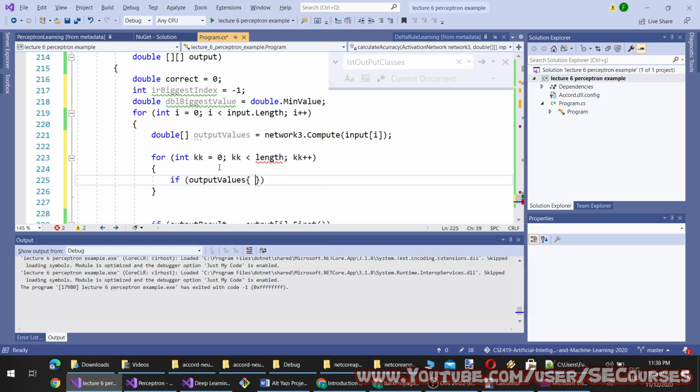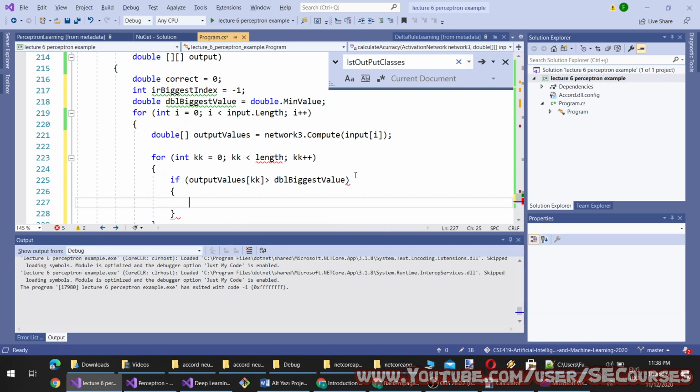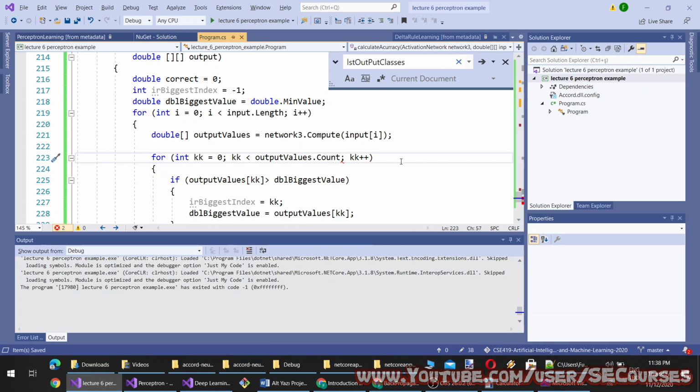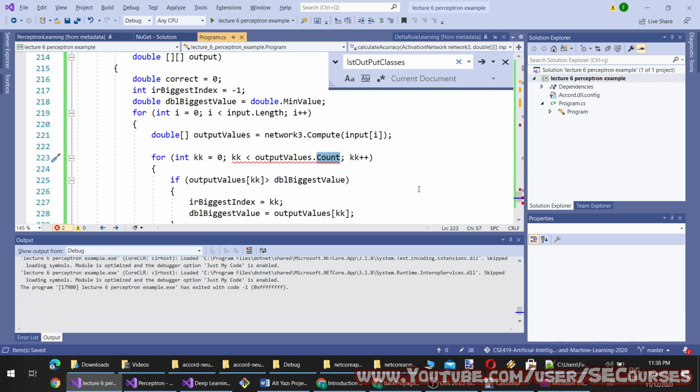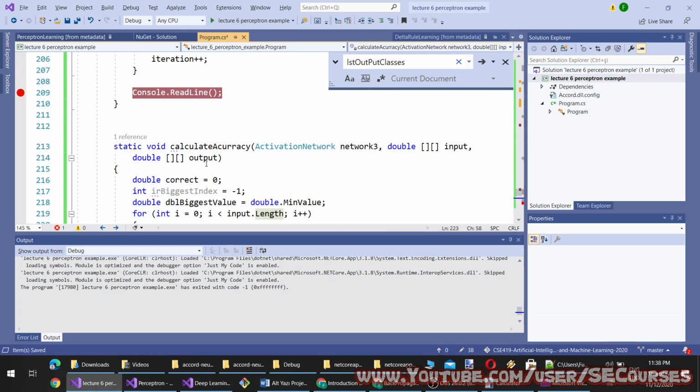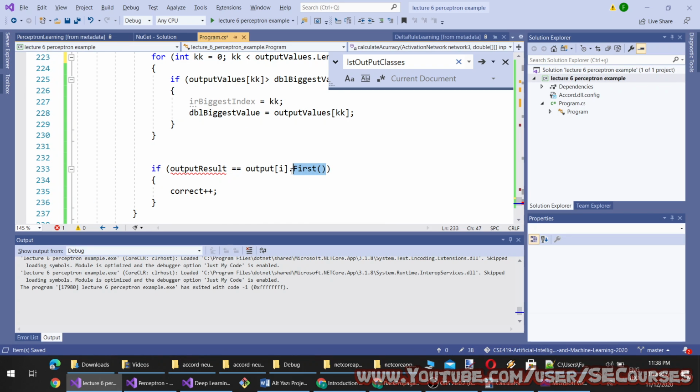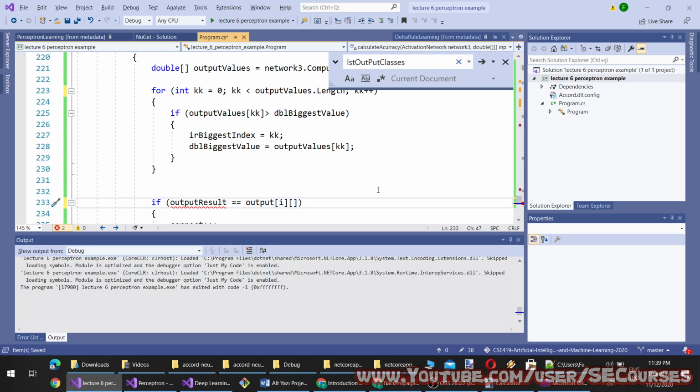If k is bigger than the biggest value, and this will be equal to count, if length, okay, if output I and the key equal to 1, then it is correct.